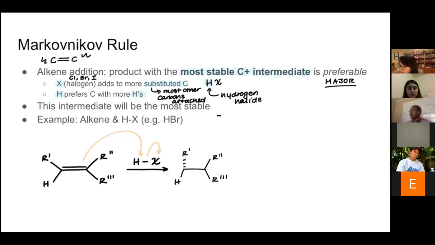The reason I'm doing that is because I want to show you this. This carbon on the left already has 1 hydrogen. The carbon on the right does not have any hydrogens. It's just attached to these R groups. And so your H from this HX is going to go, like we said, to the carbon that already has the most H's, which in this case is the one on the left.